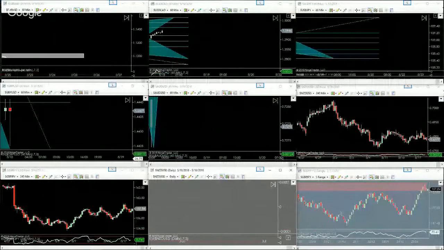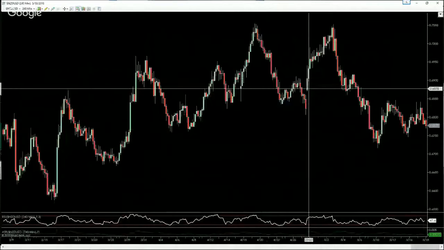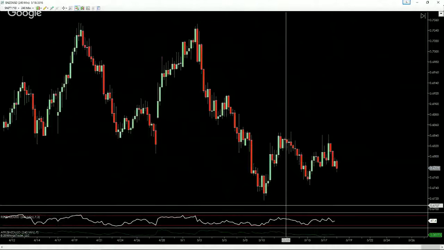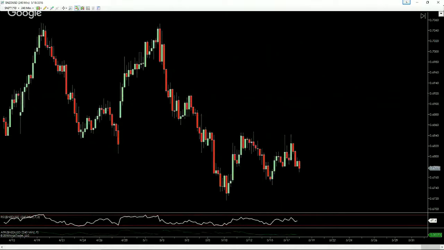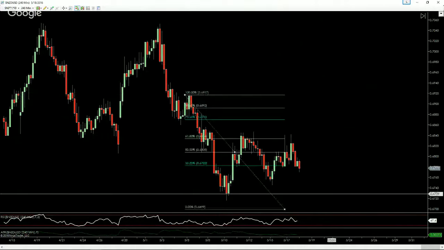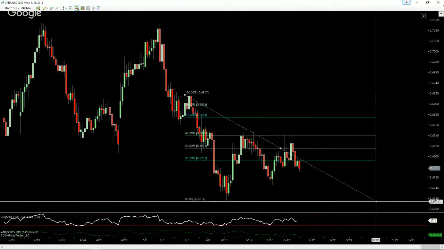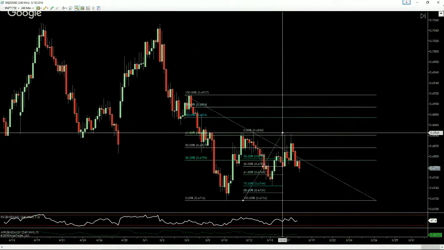Oh, sorry about that. There you go. Over 240, we have this. Let's see. Yep, we have another Gartley pattern right here. Double check that. Yep.